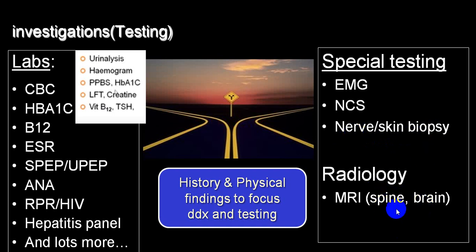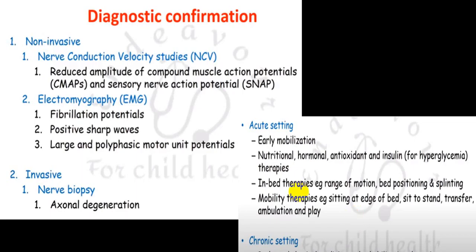MRI of spine and brain is required when you suspect central nervous system or spinal cord involvement in combination with neuropathy. So non-invasive techniques, nerve conduction study and EMG, are very important, and nerve biopsy is not commonly required. It is mainly required to find out whether it is axonal degeneration or a demyelinating disorder, etc.